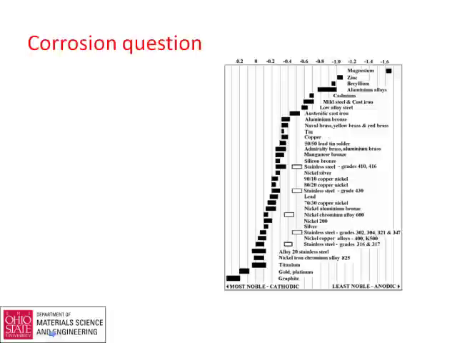The other one, in the corrosion section, there was a question asked: what happens if you couple nickel and Inconel? And Inconel really isn't defined. Inconel is nickel basically plus aluminum, and the aluminum gives it a little bit better corrosion resistance yet.